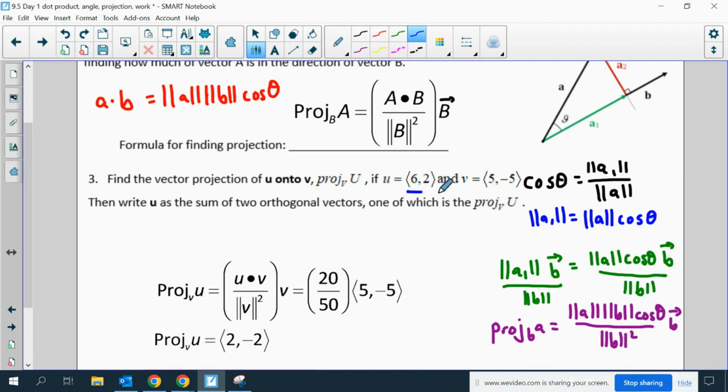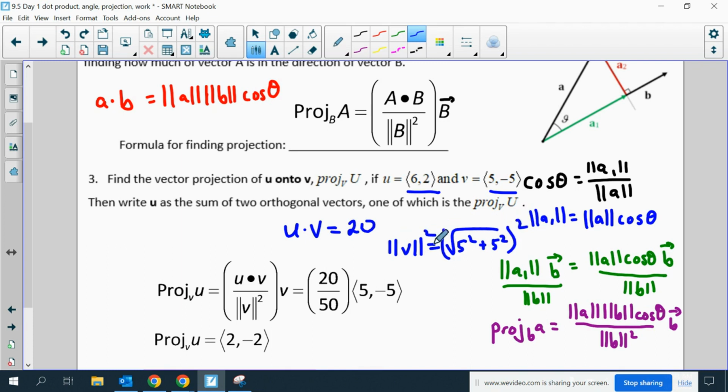So if I want to do that for these two problems, or for this U and V, I'll just take the dot product, which is 30 minus 10. So U dot V is 30 minus 10, which is 20. Then I take the magnitude of V squared. So that's the square root of 5 squared plus negative 5 squared, squared.